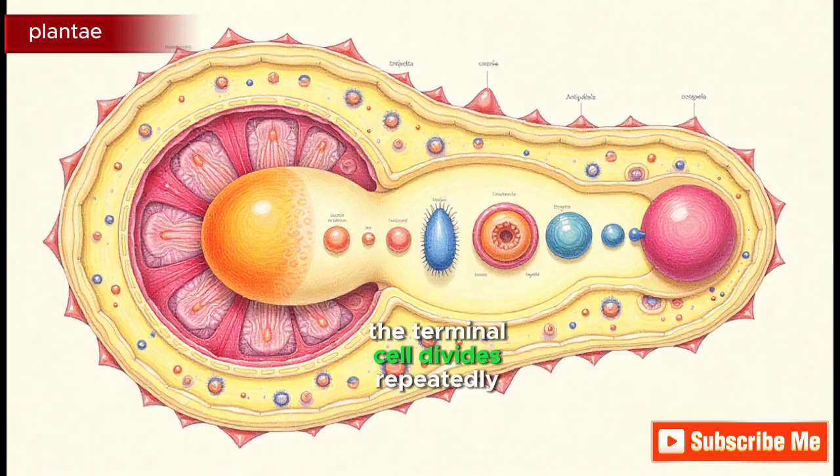The terminal cell divides repeatedly to produce a single cotyledon, which is terminal in monocots. There is a good deal of variation in development of the embryo in monocots. The development described above represents development in one of the most primitive monocot families, Alismaceae. Stages in the development of a monocot embryo.